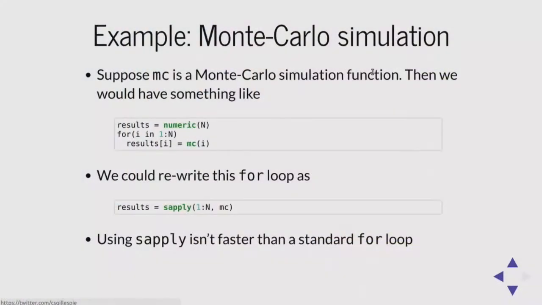So let's move this to parallel. We start off with this little bit of code, and then we're going to rewrite it as sapply. With sapply, we apply a function to each element of a vector. Apply applies a function to each row or column of a data frame or matrix.